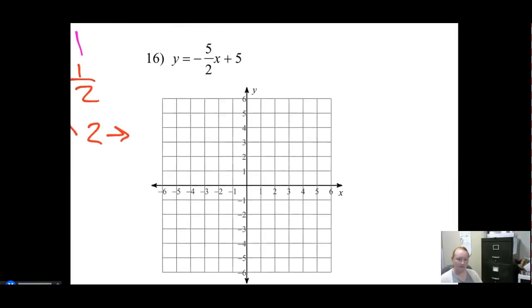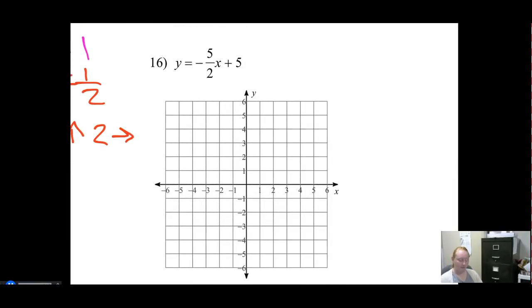16. My y-intercept is -5, or +5. So I put it 5 on the y-axis. I can tell right here that my graph is going to have a negative slope, which means it goes down.